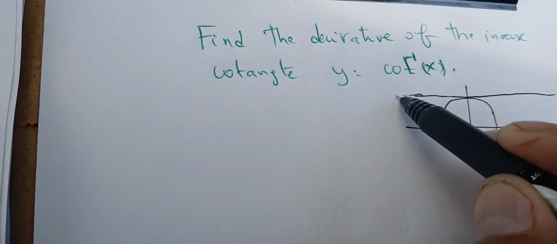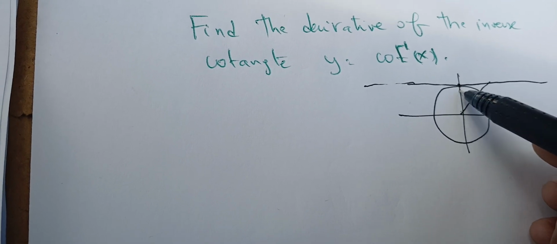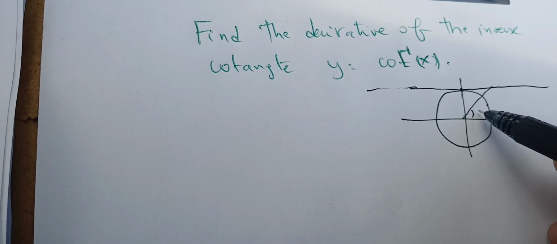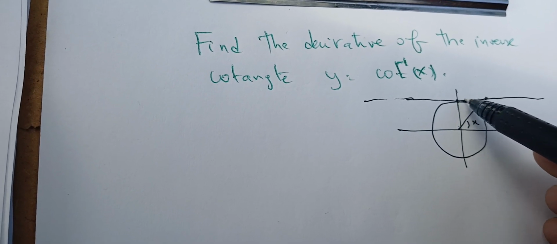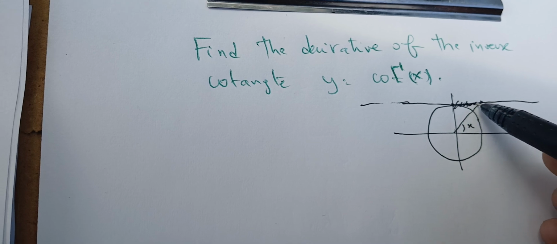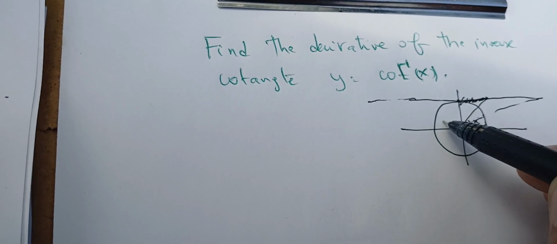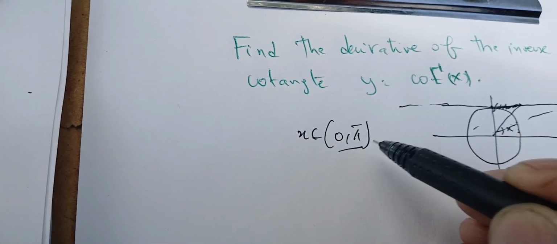Okay, so assuming this is some axis here that's 1 unit far away from the x-axis. So here, if we let x be this angle, so in this case, this is the cotangent of x. Okay, as we see here, x is between 0 and pi.